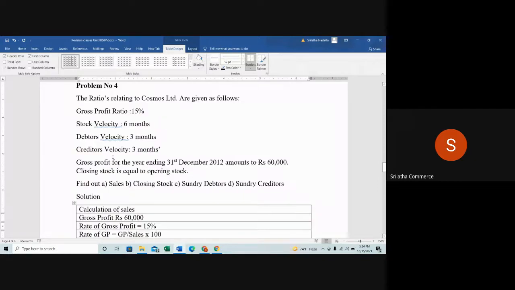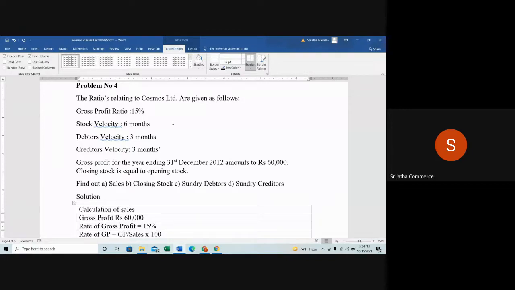For debtors, after calculating debtors turnover, we calculate the average collection period. That means within how many days you are going to collect the amount from debtors. When stock is to be converted into finished goods, within how many days you are going to convert the stock into finished goods, that is nothing but the conversion period. For creditors, what is the payment period?